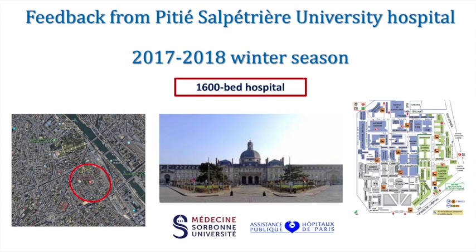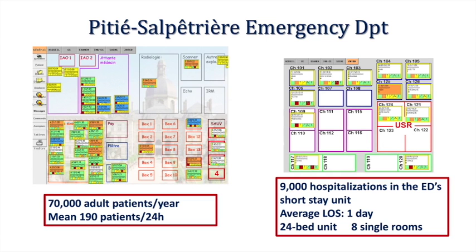Just to give you our feedback from our hospital during the 2017 and 2018 winter season. We have a very big hospital with 1,600 beds in the center of Paris. It's one of the biggest hospitals in Paris. On the left, you have our emergency department.